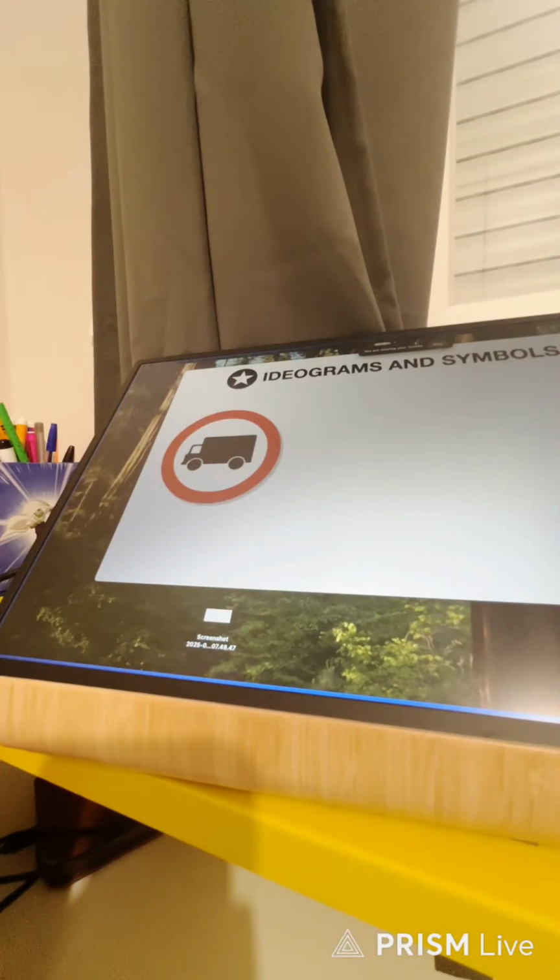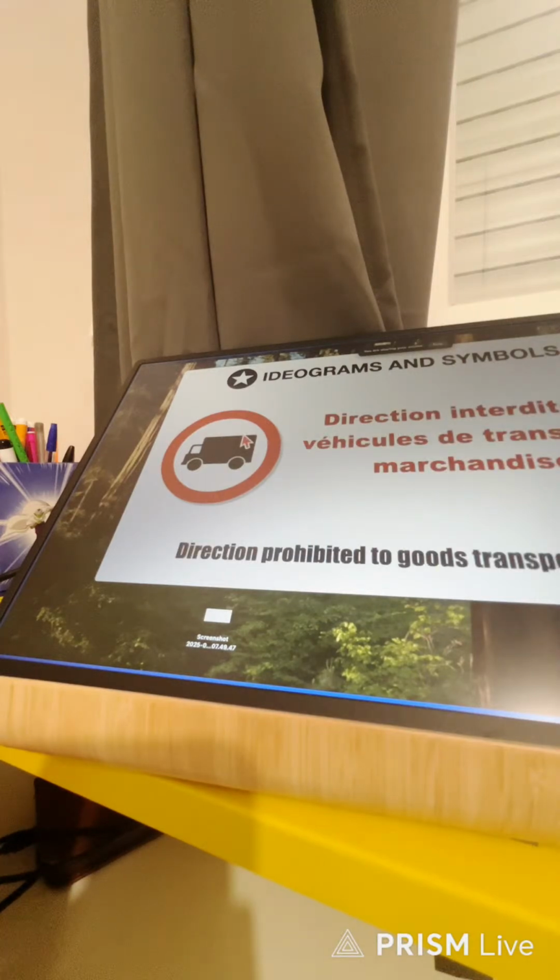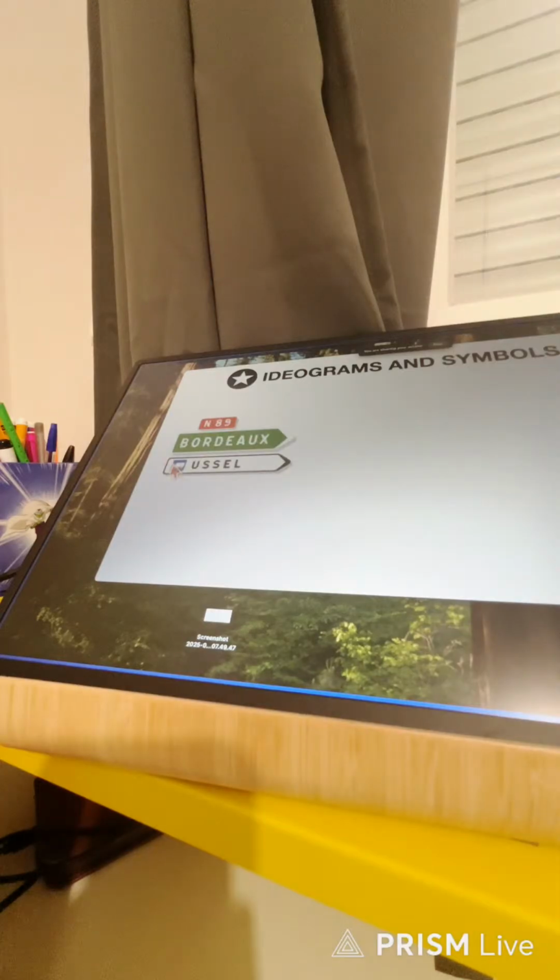So let's continue. As I said, I think I've explained this panel before. It is an interdiction direction for anyone that is transporting goods publicly. Assuming they put it here, they are telling you that you cannot take this road. You are not allowed to take this road.